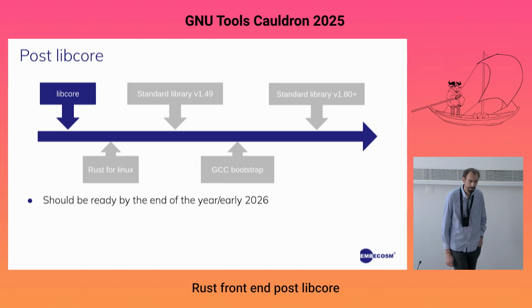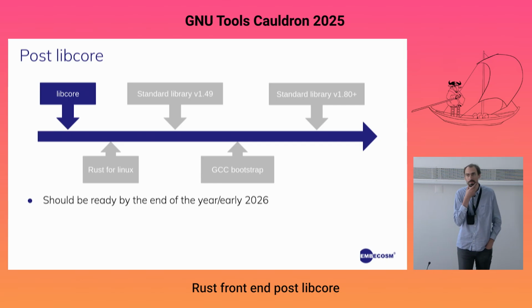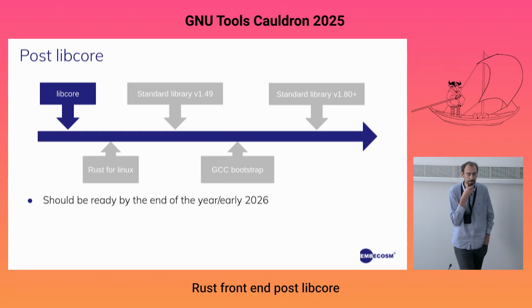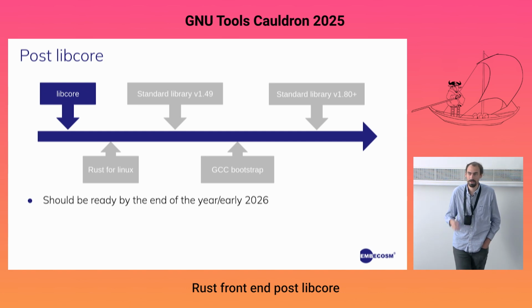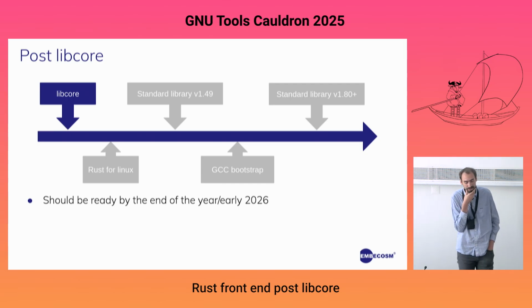Let's talk about post-libcore. I've had a lot of questions about when the Rust compiler will be ready. So we're aiming at compiling, and by compiling I mean only accepting. What does ready mean? By ready, we mean accepting the code from the core library.